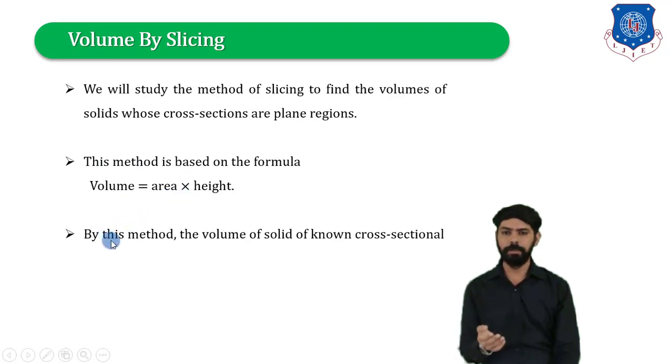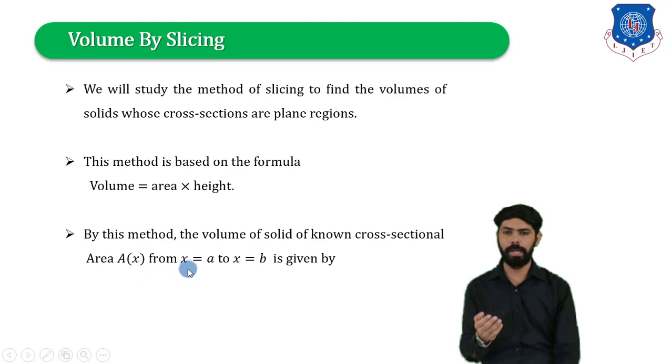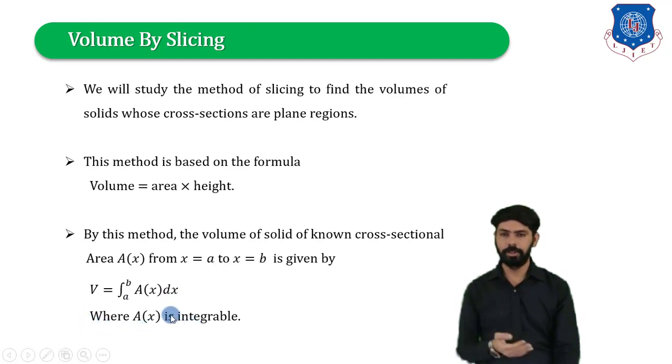By this method the volume of a solid of known cross sectional area A(x) from x equal to a to x equal to b is given by volume V is equal to the integration from a to b of A(x) dx, where A(x) is integrable. So this is how we can find out volume.